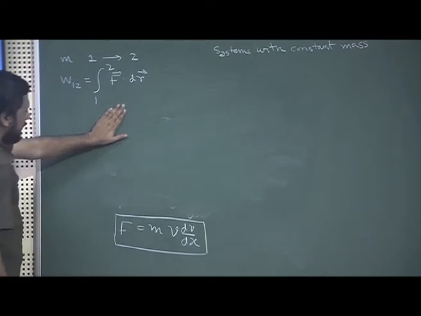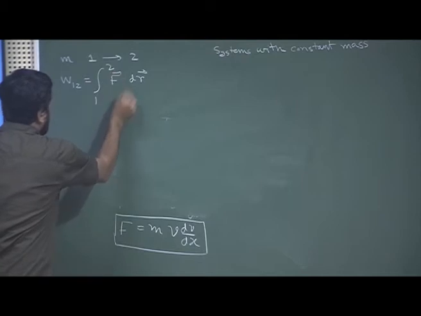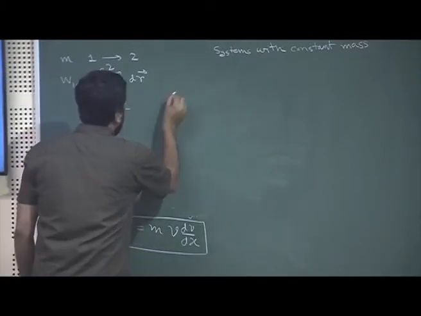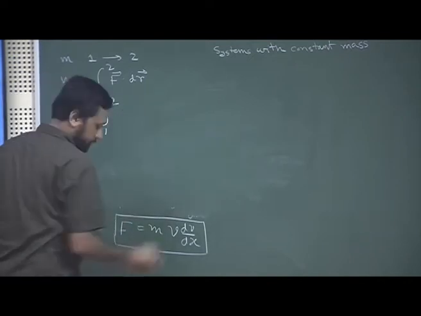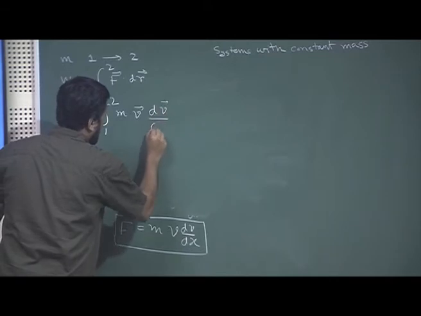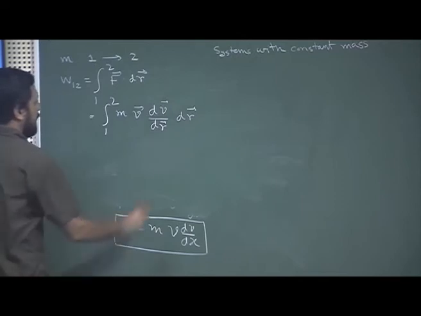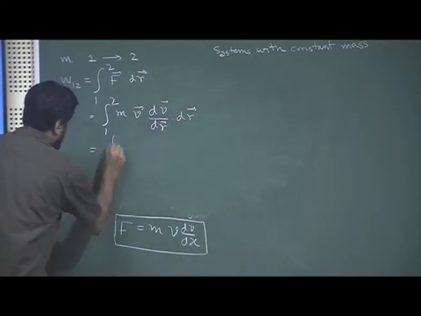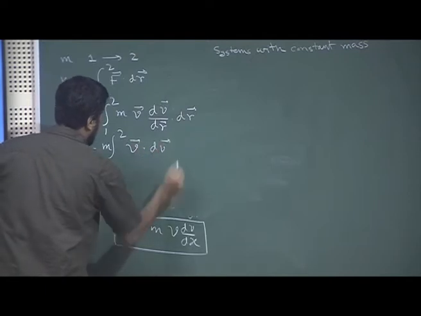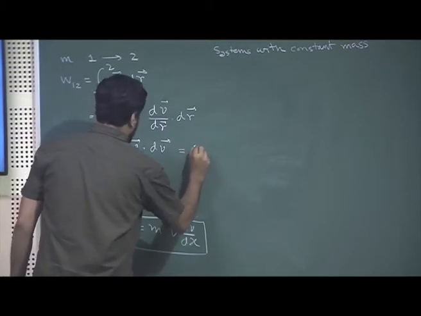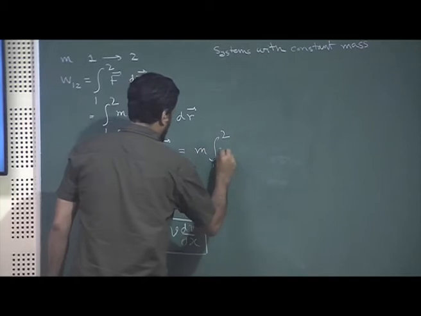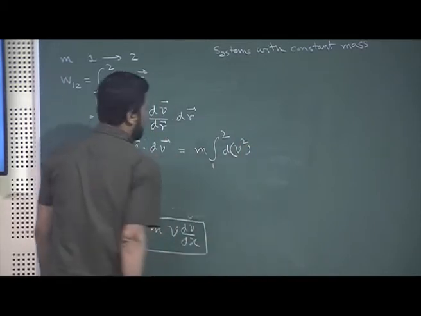Now, once we use the modified form of this force F, we essentially replace F with m dv/dt, and this will be nothing but m v dot dv, which is nothing but half m integration 1 to 2 d of v square.